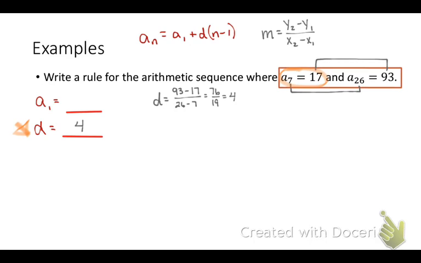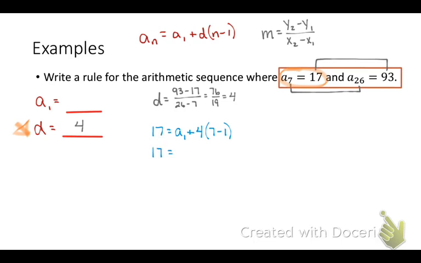You're going to get the same answer as long as you do the math right. But I'm going to use numbers that are a little smaller, a little bit easier to work with, and I'm going to have 17 equals a sub 1 plus 4 times 7 minus 1.